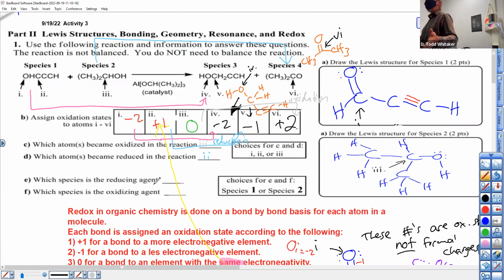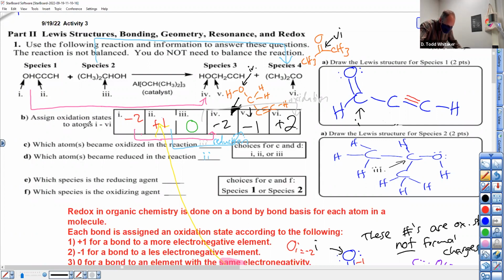Well, reducing agent has one job, and I just told you what it does. It's an agent of reduction. It causes reduction. So here's how I do the question. I find the reduction, and I say, oh, the only reason that reduction happened is the other molecule made it happen. If that other molecule wasn't there, this guy wouldn't change.